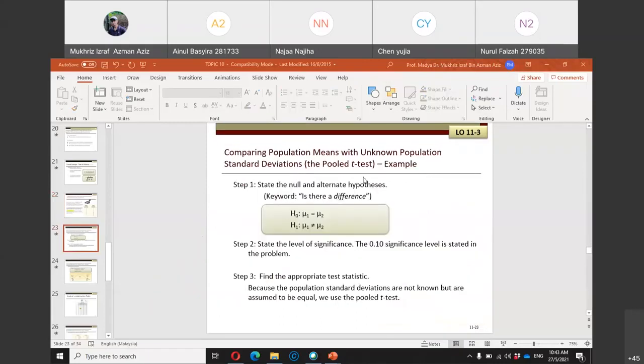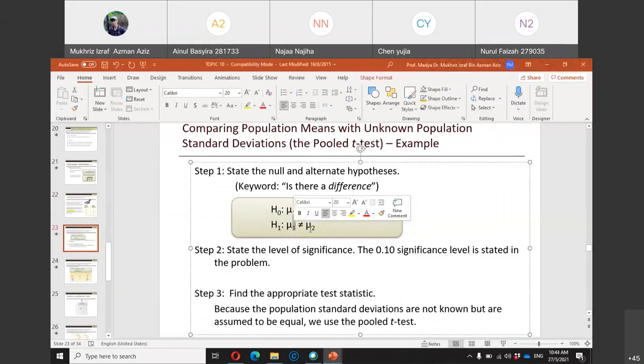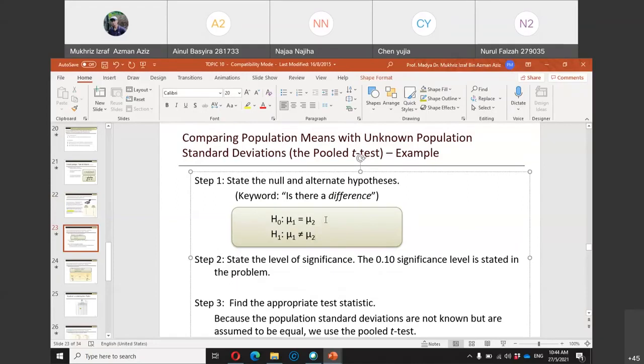In this example, they only use the subscripts 1 and 2, but I think one of the weaknesses in how they design the H1 and your H0 is that you do not know what is 1 and 2.